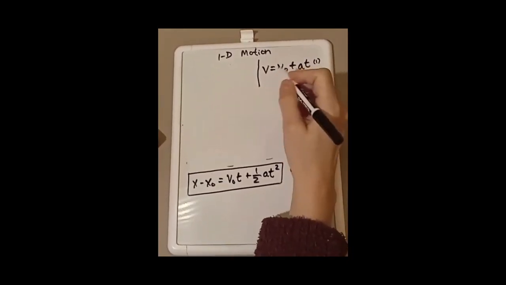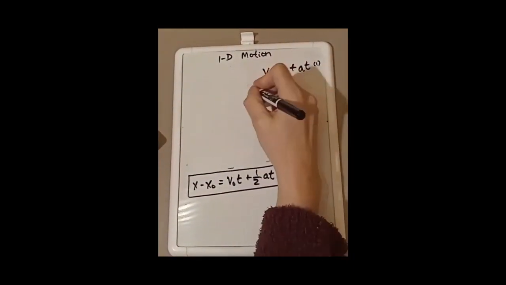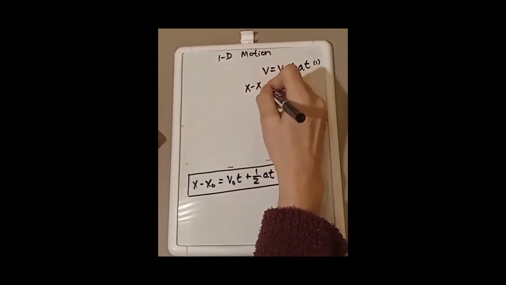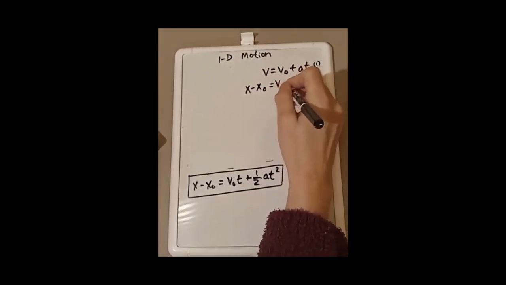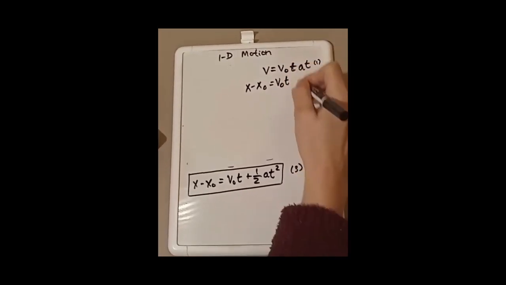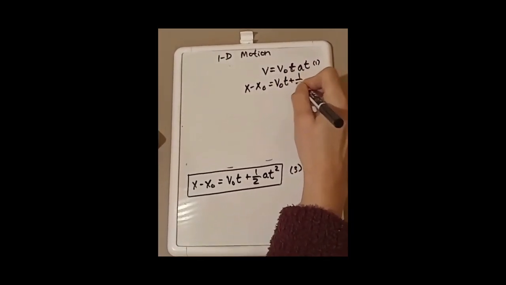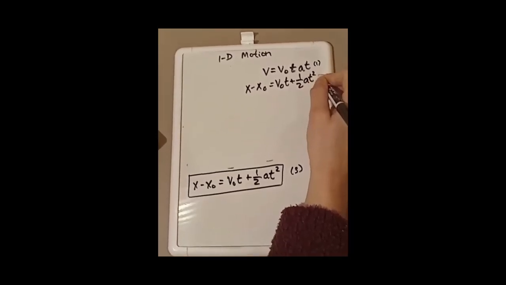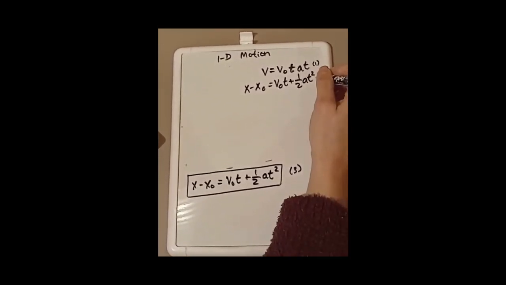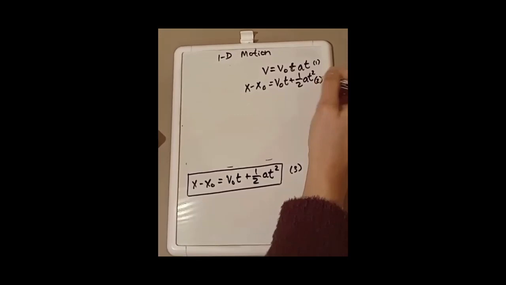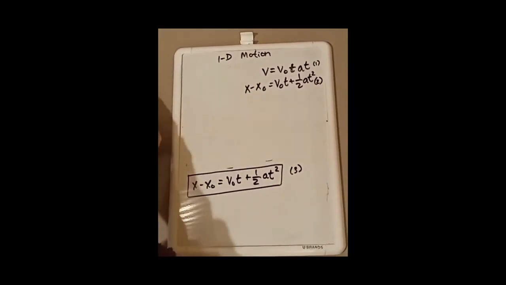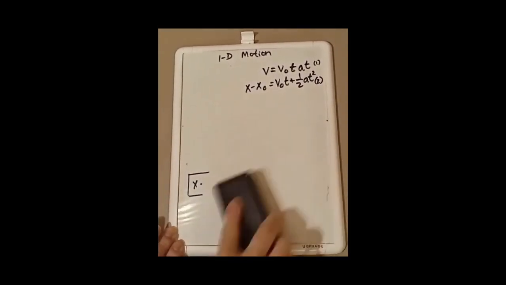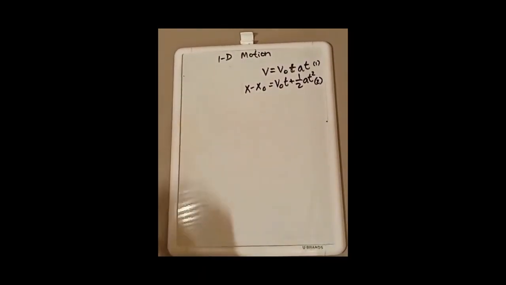Our second principal equation is x minus x naught equals v naught t plus 1/2 at squared. I'm going to call that equation 2 now. I don't like to change numbering like that on you guys, but it'll be easier to follow. Alright, so those are our 2 equations that we're going to start with. We're going to start rearranging them.